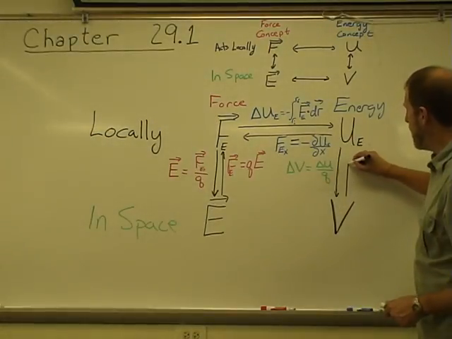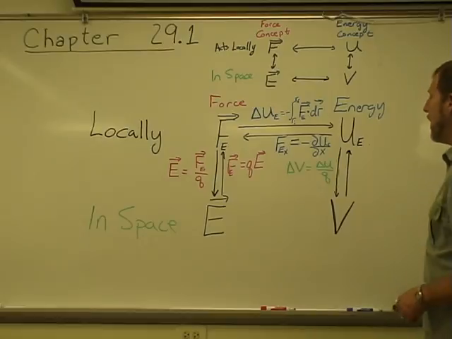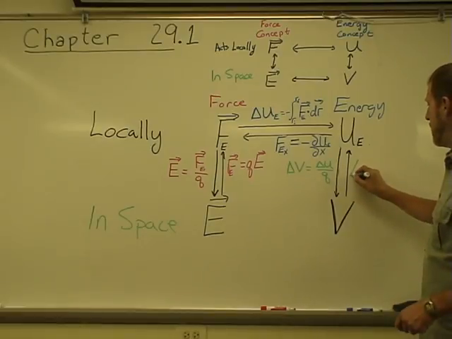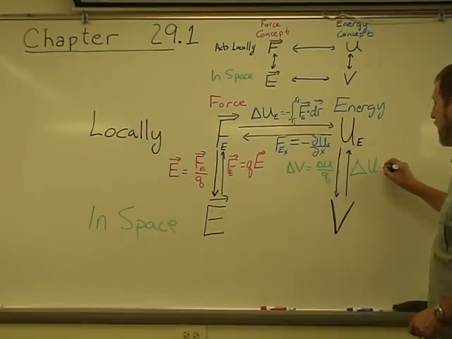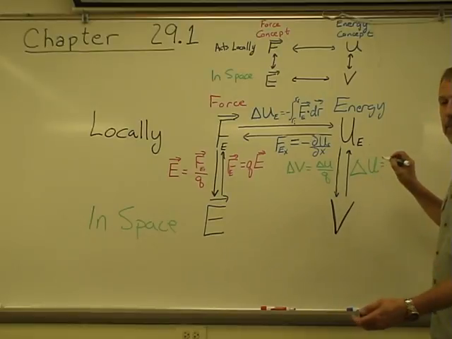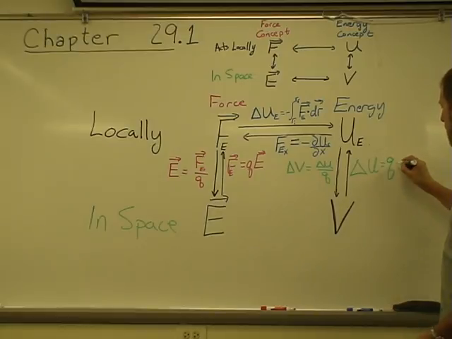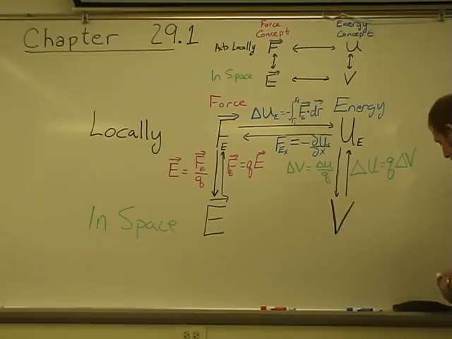Or, if I know the change in electric potential and I want to find the change in electric potential energy, the change in electric potential energy of a charge Q moved through an electric potential is equal to Q delta V.